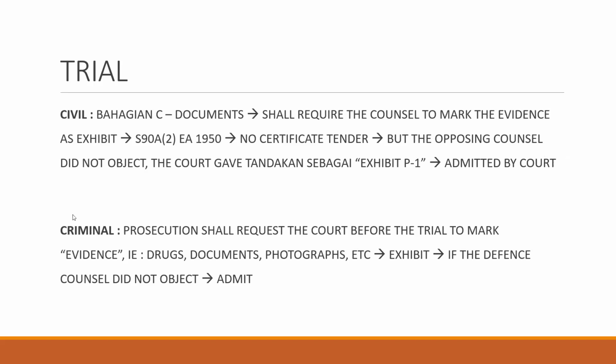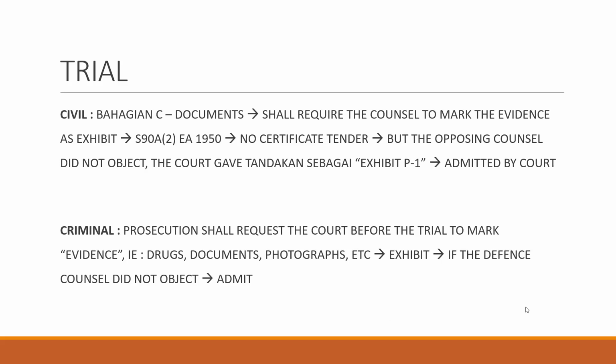Similarly, now you have section 73AA. The prosecution shall request the court before the trial. Usually, in a drugs case, take for example, all the evidence, the photos, everything will be marked. PW1 or the exhibit, they will mark as exhibit based on whatever serial number they want to give, P1, 2, 3, 4, 5 to 10, take for example.